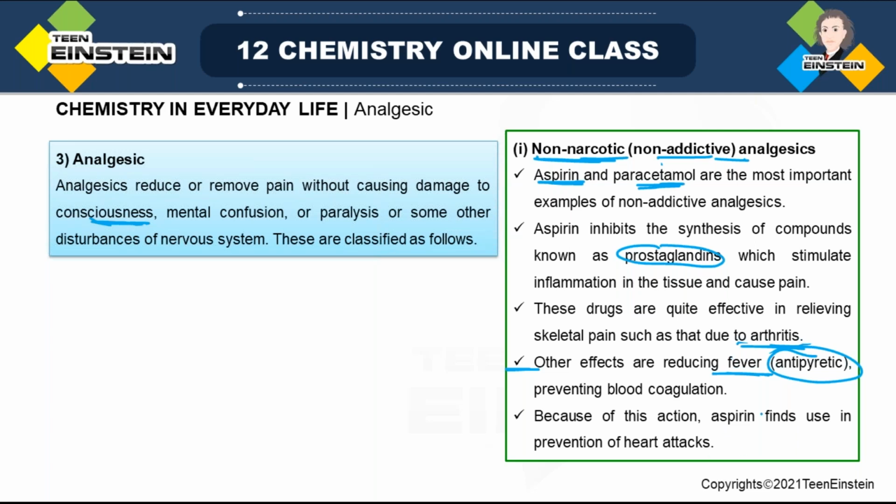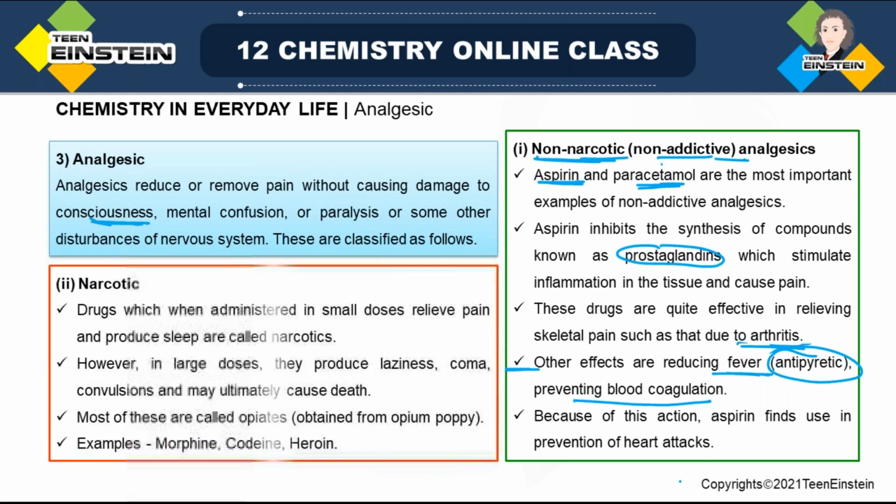Now because of this action, which is the second one, preventing blood coagulation, aspirin finds use in prevention of heart attack also. Okay. Now the second type, which is narcotic or addictive.